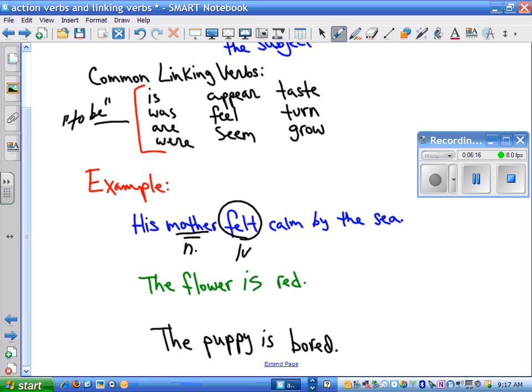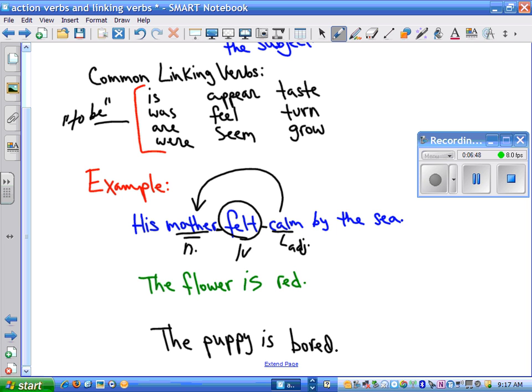All right? So the linking verb is going to connect that noun to an adjective in this case. And the adjective is calm. So calm is working to describe mother. Right? And it gets connected to mother through this linking verb, felt.